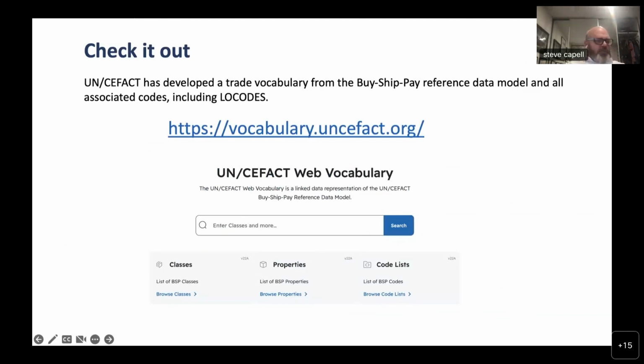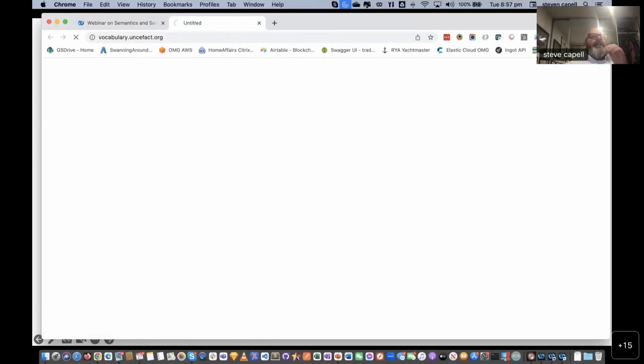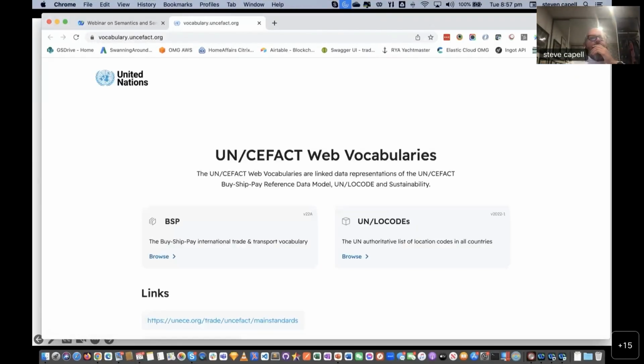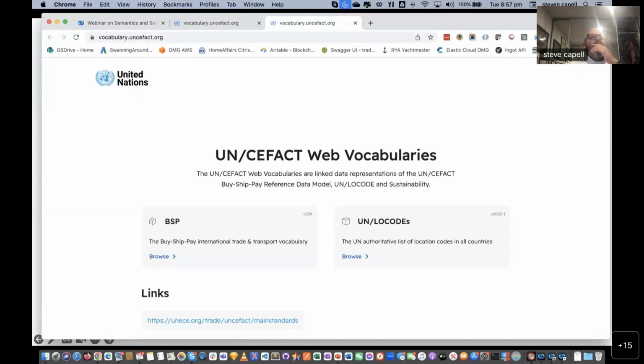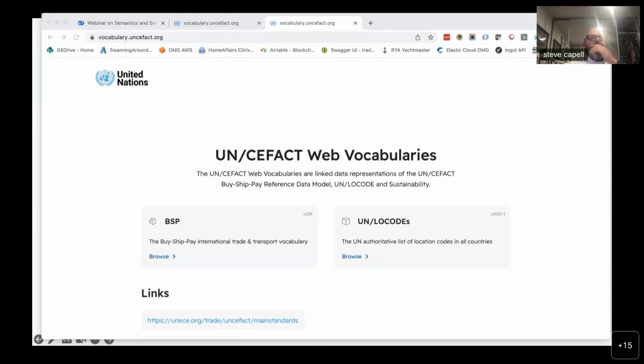I think I've got a bit of time. I forgot to start my timer, damn it. I'll just click on it very briefly. Maybe not, I've got to swap displays again to show you. Sorry. Swap displays.